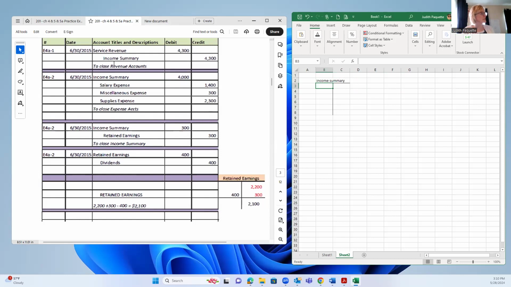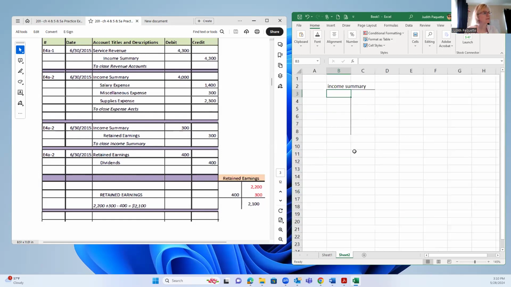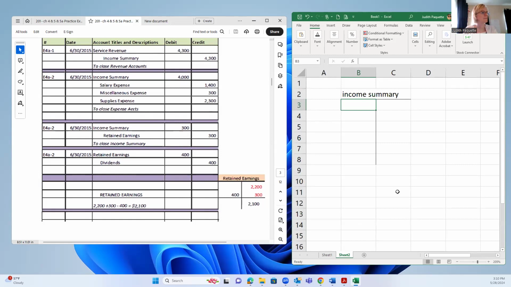Okay. So let's post our first journal entry here just to income summary. So here we have a credit to income summary. Can you see my little T account here? Yep. For income summary. So we're going to put that 4,300 on the credit side. And in this second journal entry, we debit income summary 4,000.